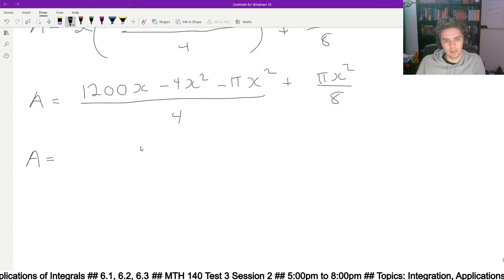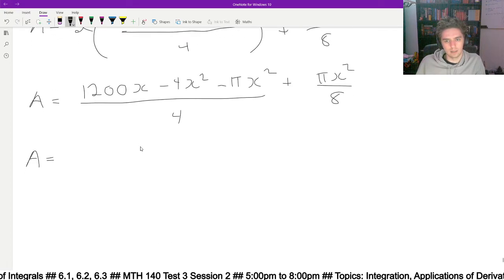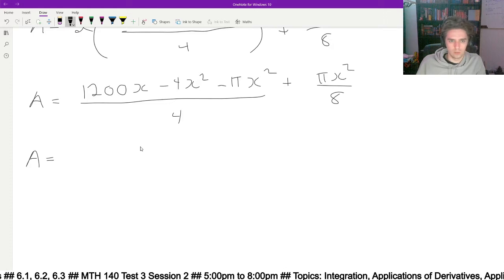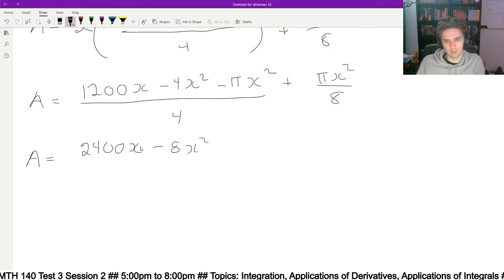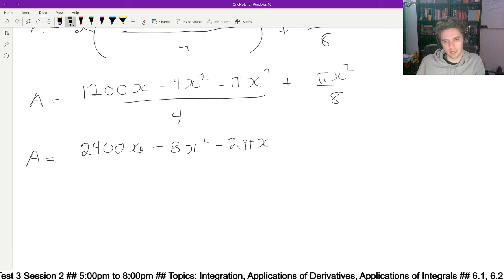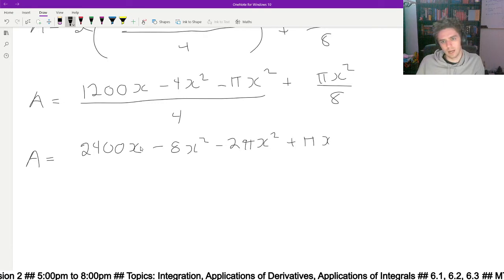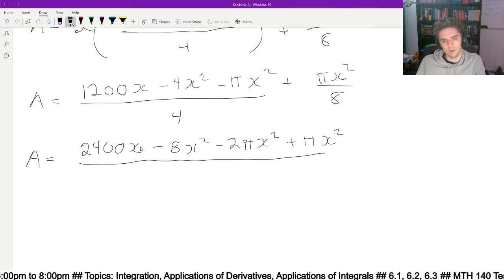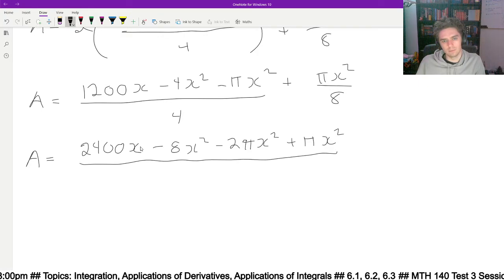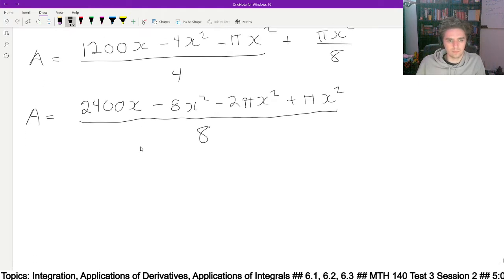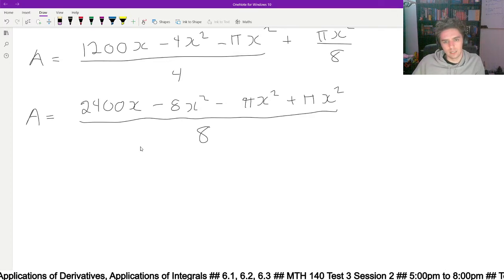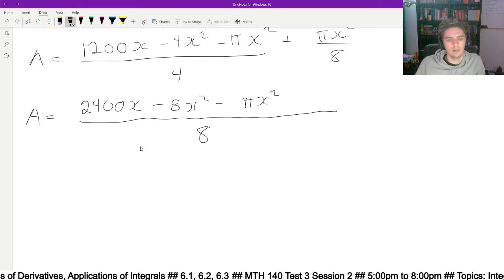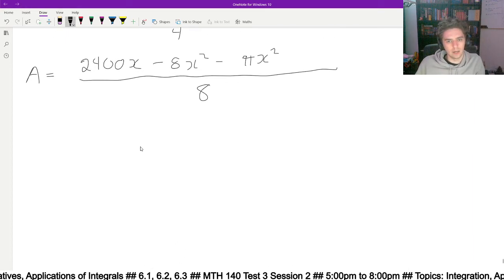That looks right to me. So A equals, I'll multiply up here by 2, so it's 2400x minus 8x squared minus 2 pi x squared plus pi x squared all over 8. So this will cancel into just negative pi x squared. And now I guess I can combine this too.